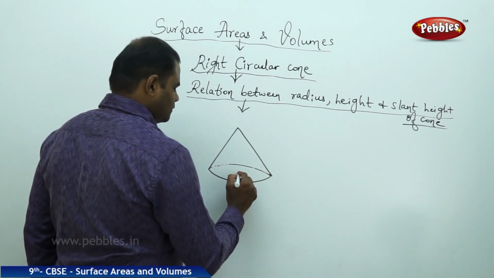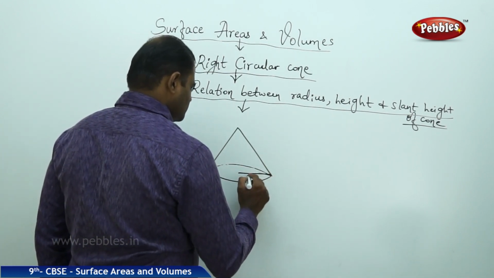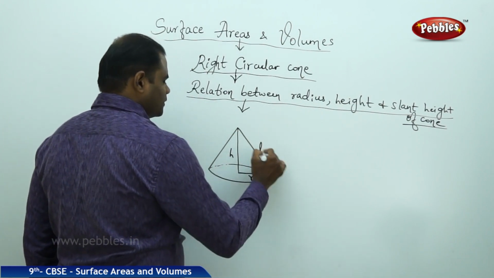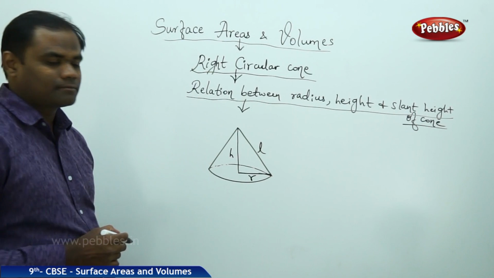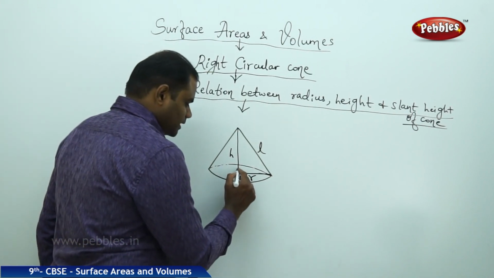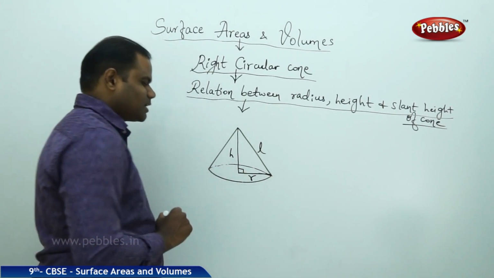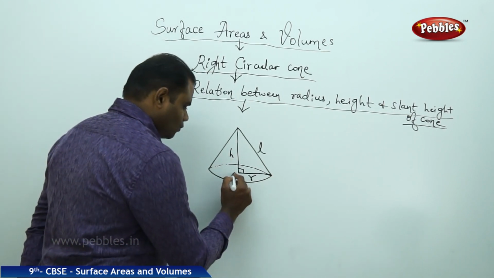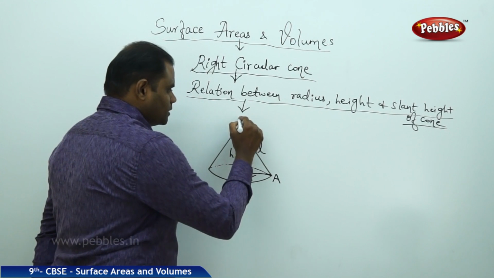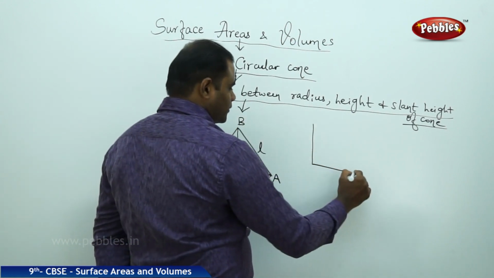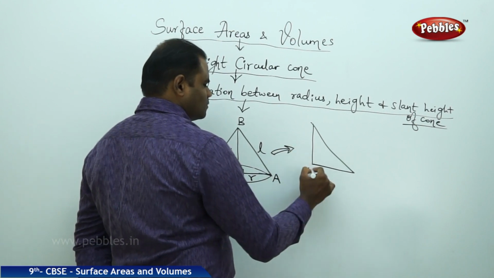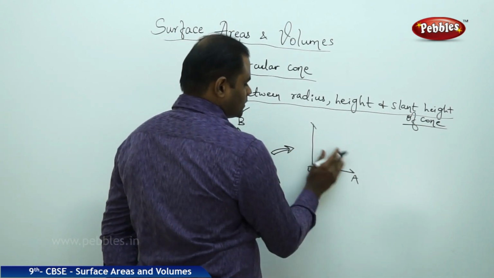So here I have the radius, here I have the height, and here I have the slant height. And of course, this is a right circular cone, so this is 90 degrees. Now clearly I see that OAB forms a right angled triangle.